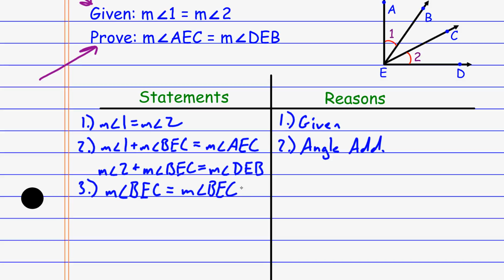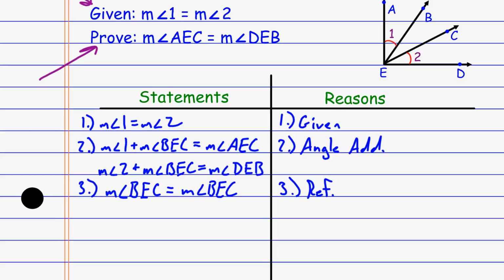And that's my reflexive property. That one's kind of a strange one. If you forget that step, it's not really a big deal for now, but those are some of the little details we want to really utilize here.